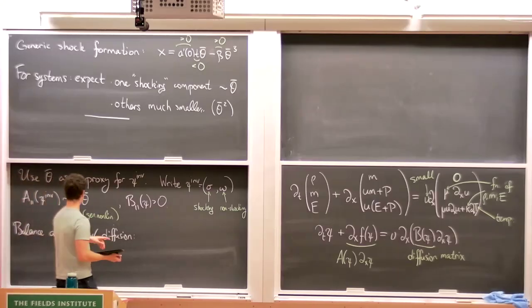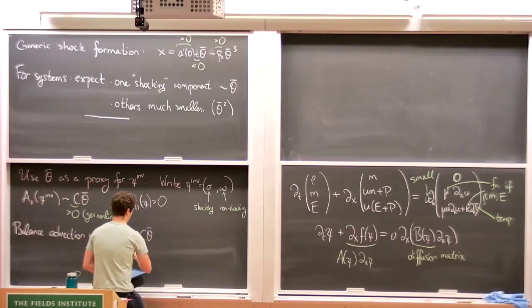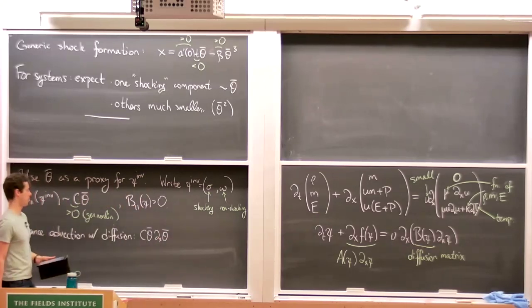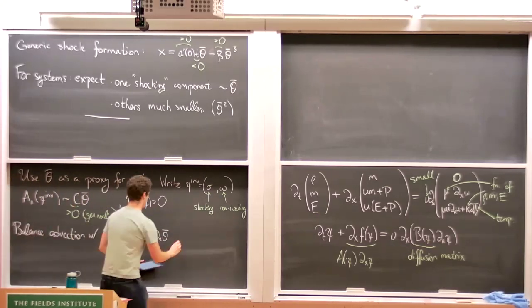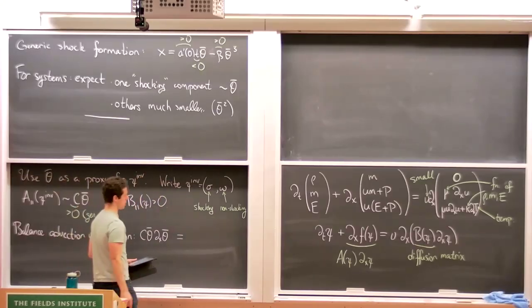So after all of this, my assertion is that the advection term is going to be like theta times the derivative of theta, or theta bar. And I'm trying to ask when this is comparable to the diffusion.